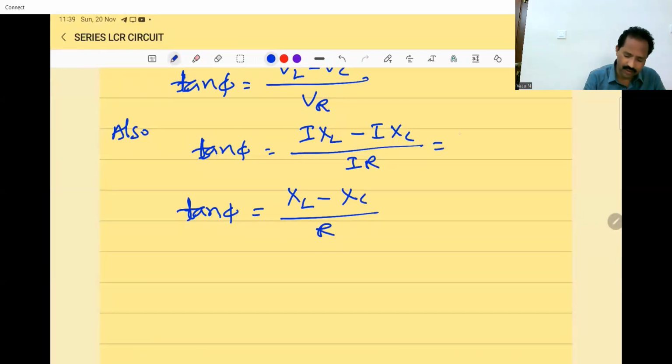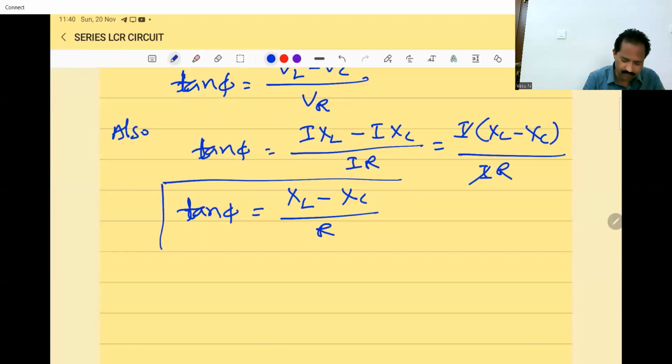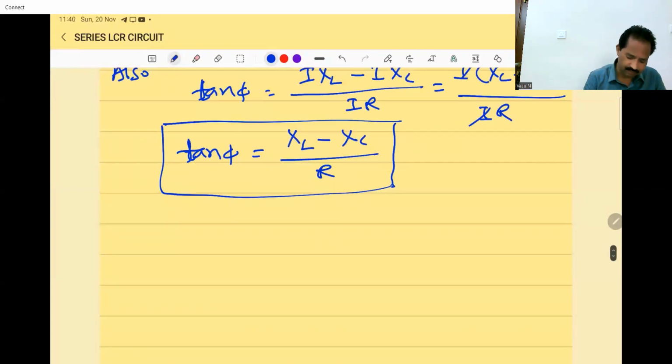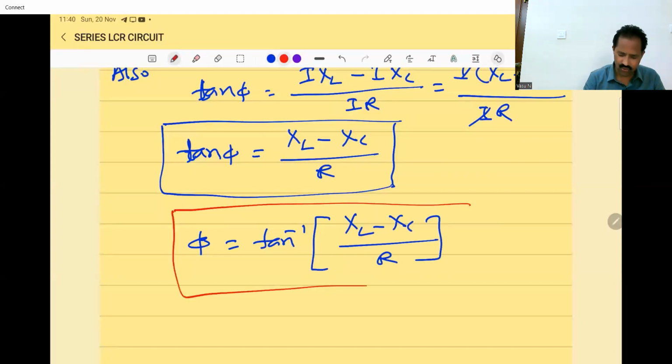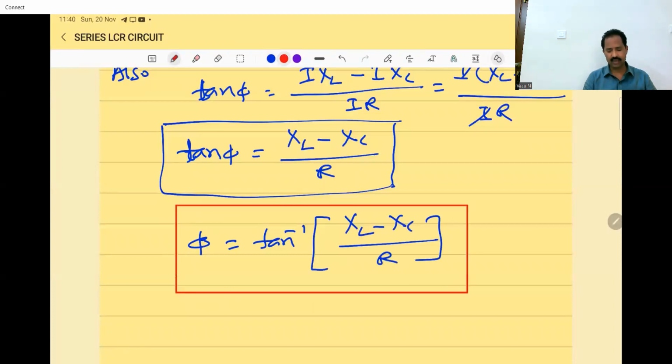So like this, we write here XL minus XC by I into R. This I and this I get cancelled. So this is the equation for phase lead: tan phi is equal to XL minus XC by R. Or else I can write phi is equal to tan inverse of XL minus XC by R. This is the expression for phase lead in an LCR circuit.